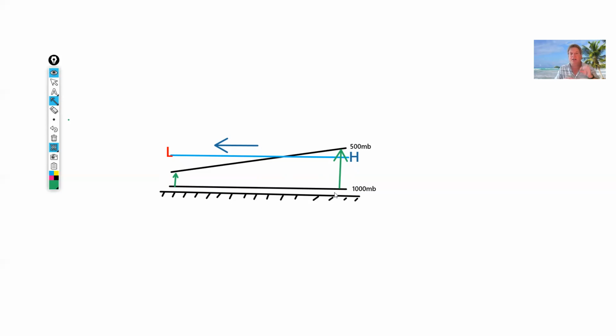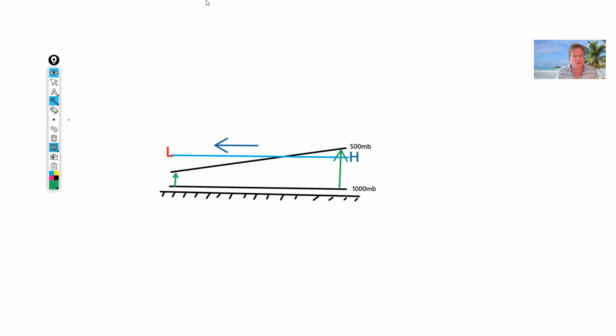On the left side, the isobaric surfaces are closer together. That's called thickness, and they're thin. On the right side, the thickness is greater. So it's thicker on the right side, thinner on the left side.